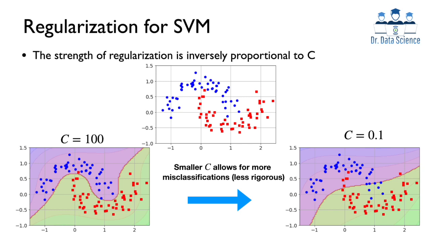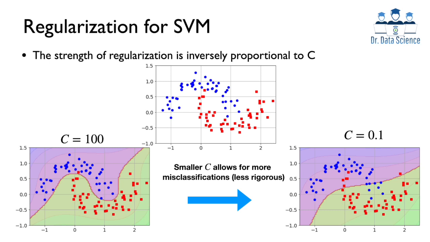But then when we reduce the value of C, we allow for more misclassifications. This means that the decision boundary shouldn't be as rigorous as before. And in this case, you can see on the right side that this decision boundary is now way more smooth, but we are making more mistakes in terms of missing a few red squares and blue circles.